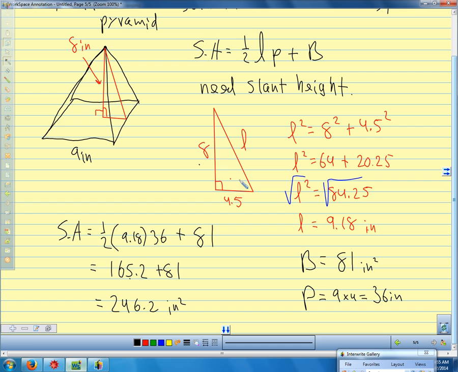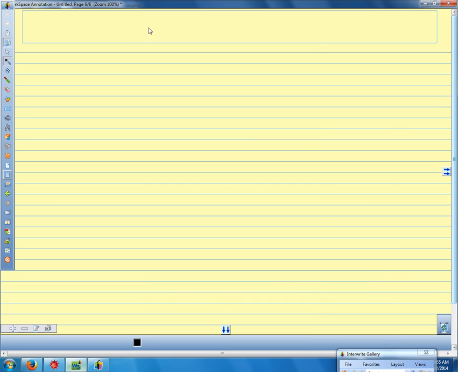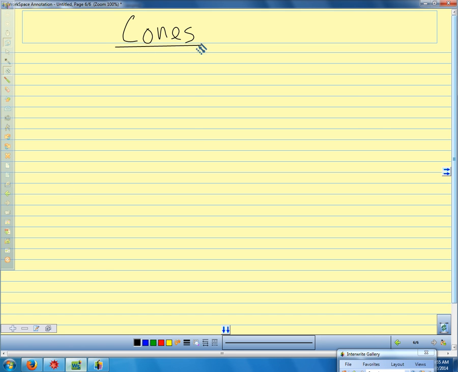All right, let's talk about cones. Cones are a lot like pyramids, but the first thing we need to say about cones is they are not polyhedrons.